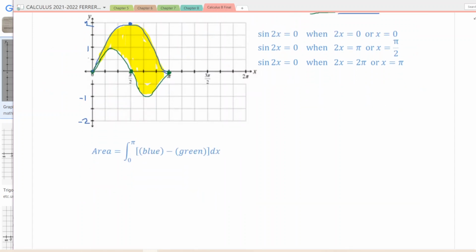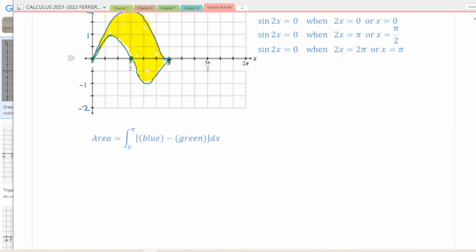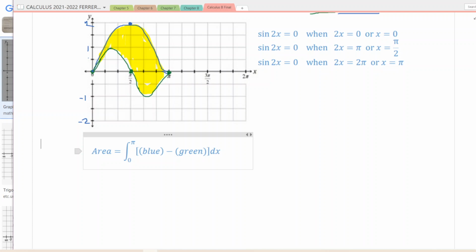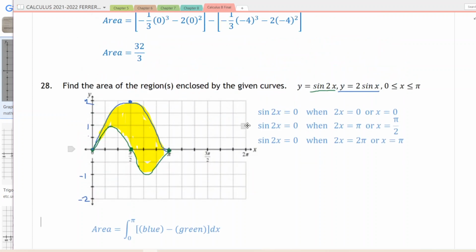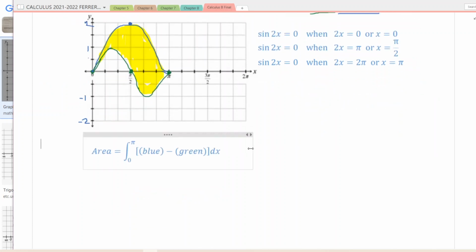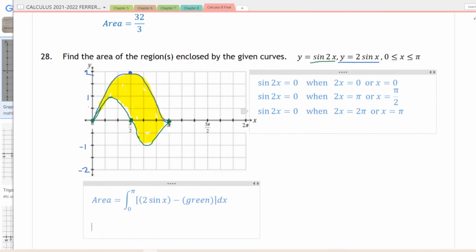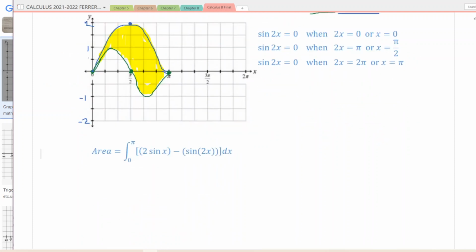So our integral in this case is going to be the integral from 0 to pi of the blue curve minus the green curve. Let's remember that the blue curve is 2 sine x, and the green curve was sine of 2x. And we are underway for this integral.